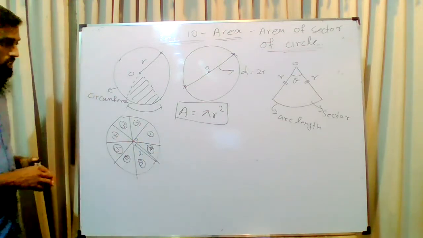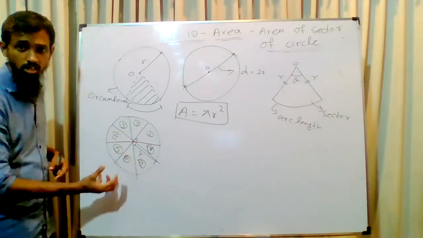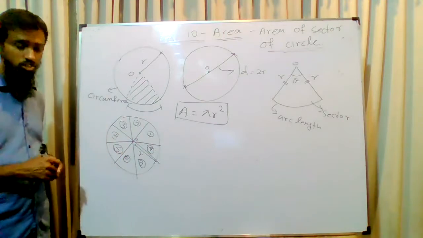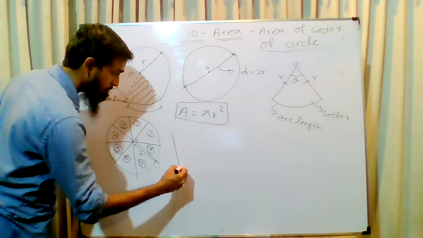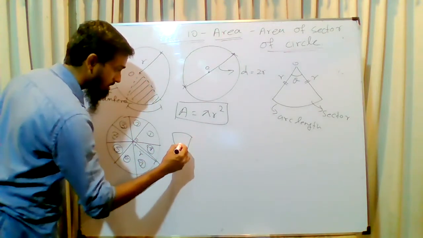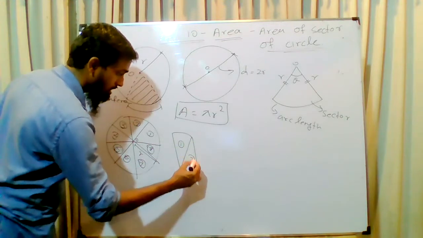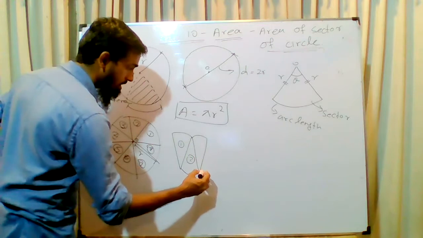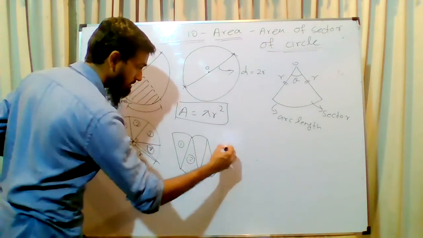We keep those individual portions in a rectangular shape like this: first sector, the second one, and the third one.